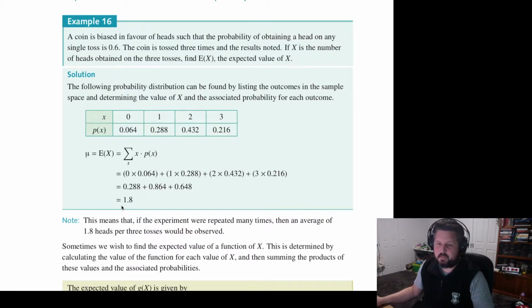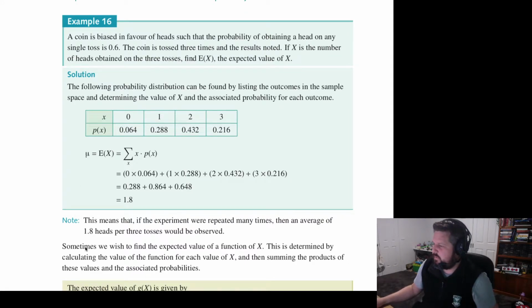In this particular case we get the expected value, or the mean, as being 1.8. So what this means is if the experiment was repeated many times, then on average you would get 1.8 heads per 3 tosses.